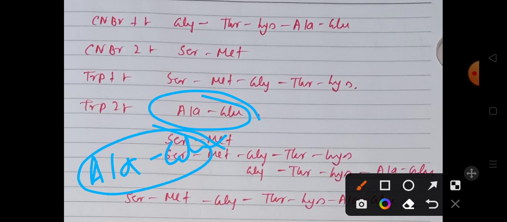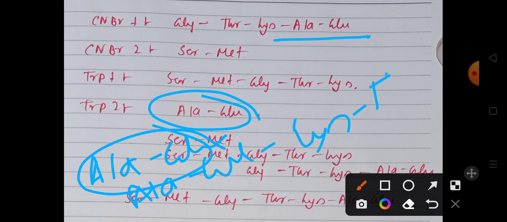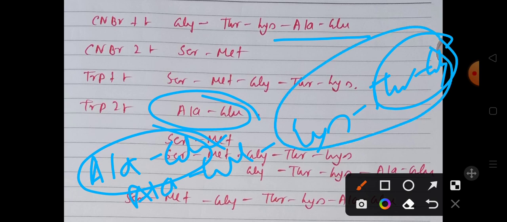So here alanine glutamic acid is present: alanine, glutamic acid, lysine, threonine, glycine, right? Then I have to find another peptide that contains at least threonine glycine, or lysine threonine glycine. So I may take this one, right? So serine methionine will be added extra. That is how I will get the entire peptide sequence.